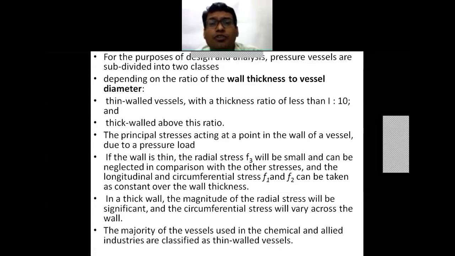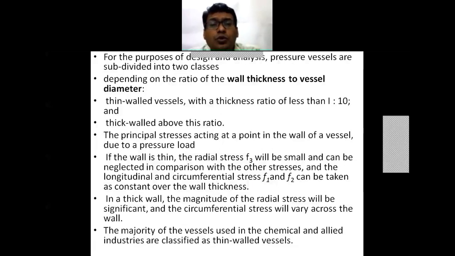Depending on the ratio of wall thickness to vessel diameter, thin wall and thick wall vessels are classified. If the ratio of wall thickness to vessel diameter is less than 1:10, it is considered thin wall. If this ratio is greater than 1/10, it is considered thick wall.